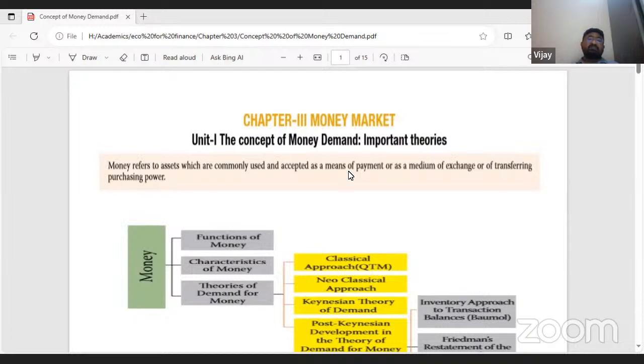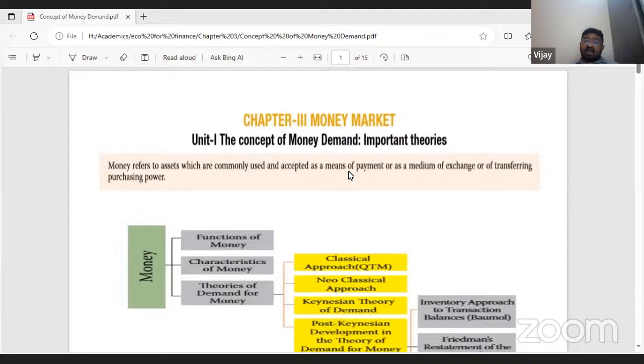The next purpose is precautionary purpose. For example, if some unforeseen situation happens, then I need to have liquid cash in my hand to handle that unforeseen situation. So that is what we call the precautionary motive.